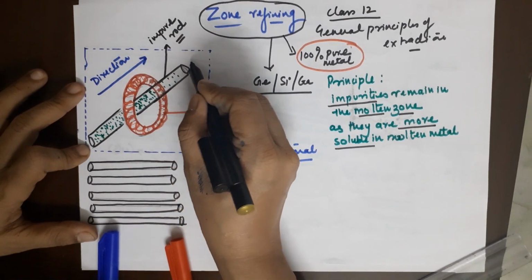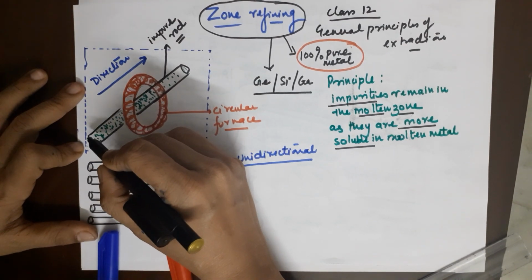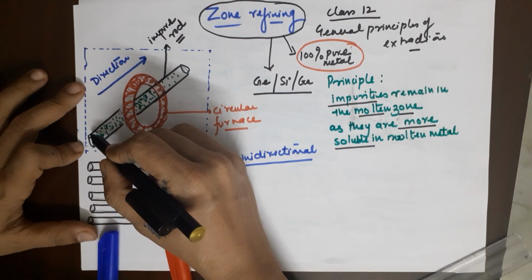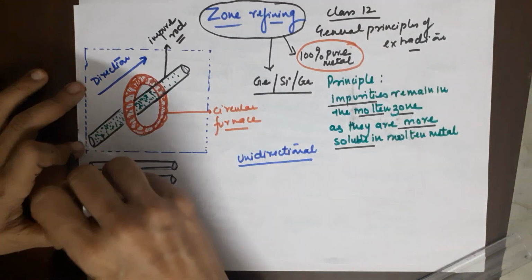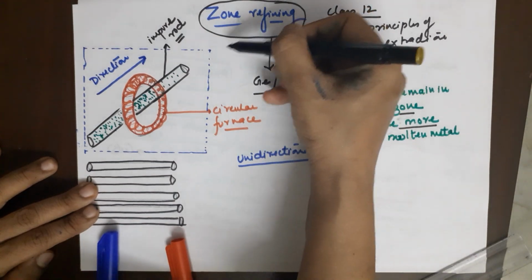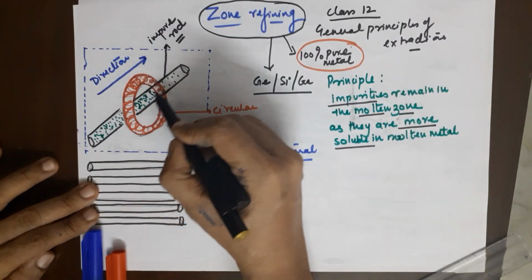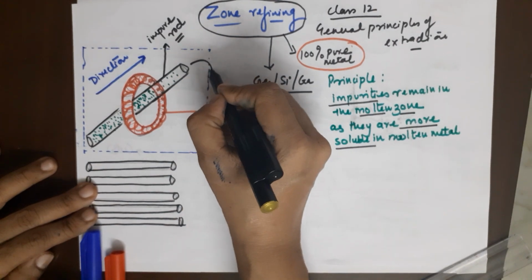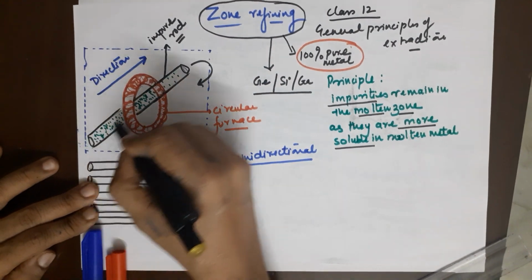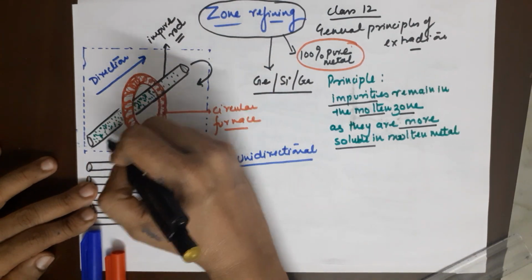As the rod passes on, these impurities will go on moving towards this end of the rod, after which you will remove the rod and reinsert it from this direction. It cannot be passed again in the reverse direction. After passing through, you will retake it back and reinsert, and you will do it a repeated number of times.